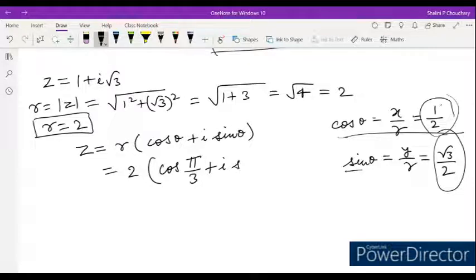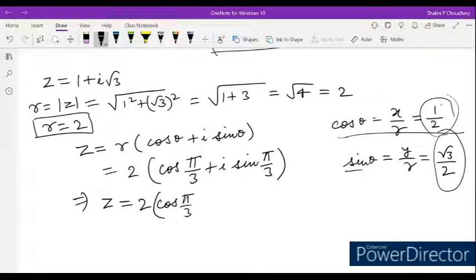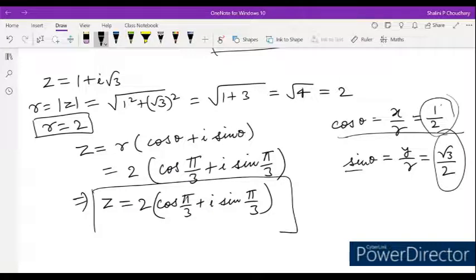We can write z is equal to 2(cos pi upon 3 plus i sin pi upon 3).